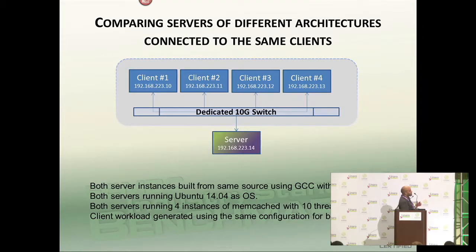Very simple configuration. In our lab, we had 4 identical client machines and a dedicated 10 gig switch, and then we just varied the server over and over again to collect different numbers.